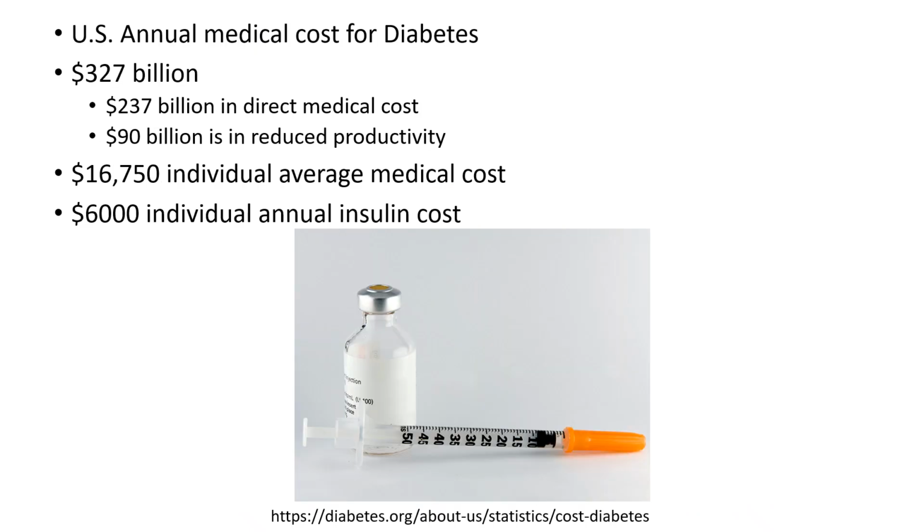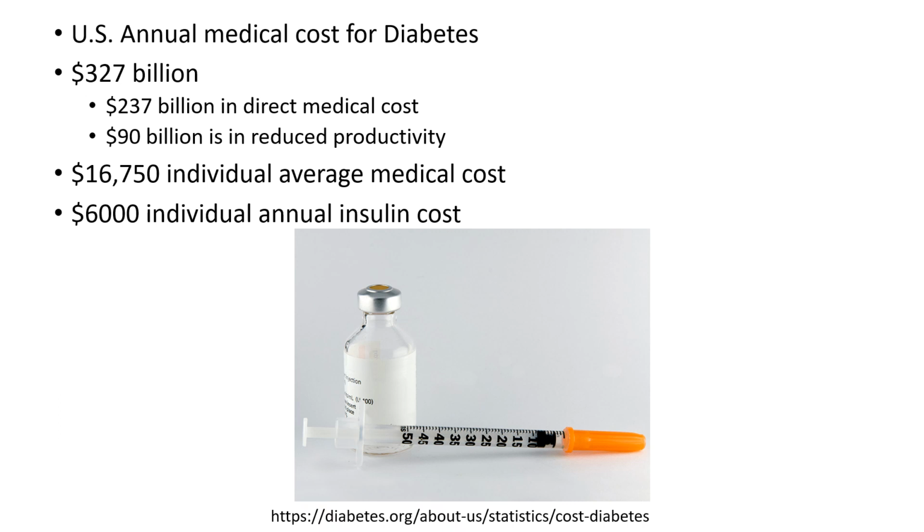So these morbidities cost money. So the U.S. annual medical cost for diabetes is $327 billion. Now out of that value, $237 billion is direct medical costs, and about $90 billion is low productivity. You can't go to work, so you don't get paid.